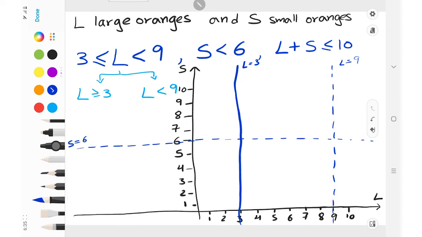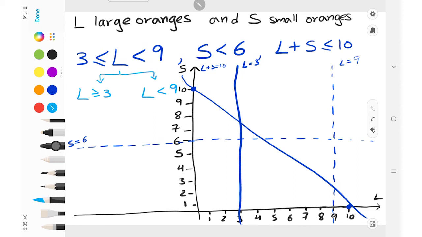Now L plus S is less than or equal to 10, the same. 0, 10, and 10, 0. It's the same as the previous question. Here, L plus S equal 10. I'm sorry for all this disturbance, but you will find a neat, good drawing at the end of this video.